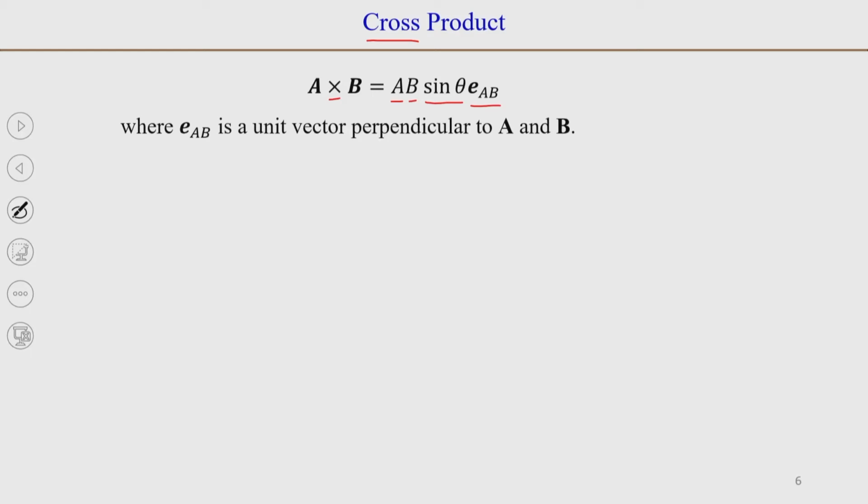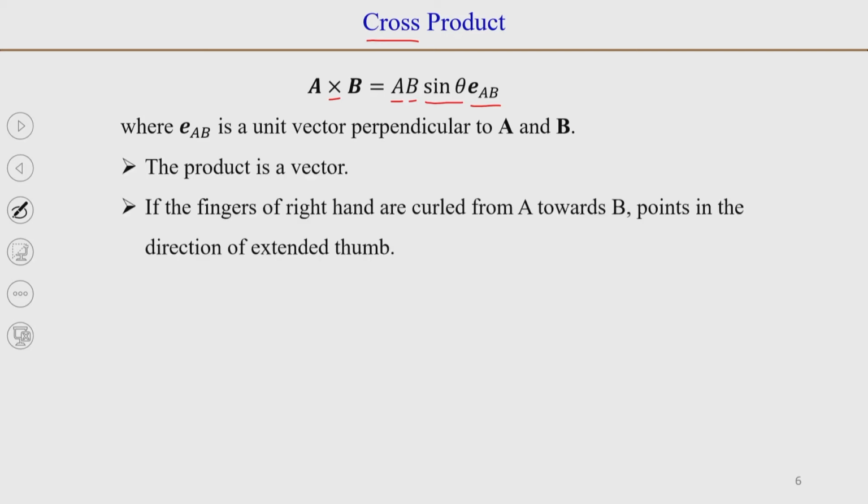So, you have a plane in which both the vectors will lie, and this vector e_AB will be pointing normal to it. So, this product is a vector, and it will be normal to the plane, but which direction, because you can have two directions.